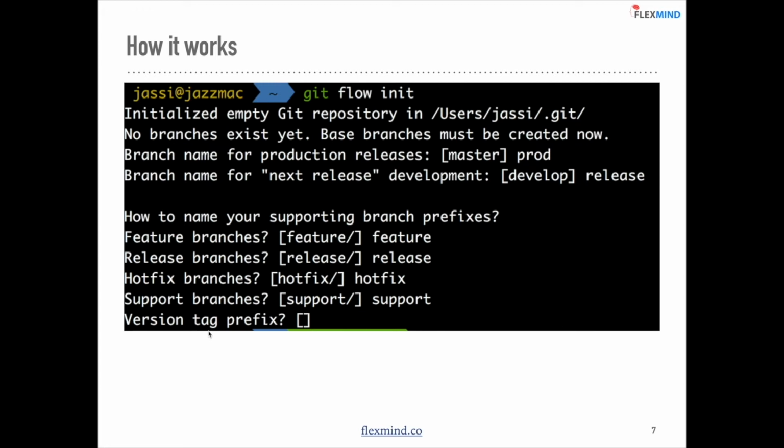As you can see, the command git flow in this image initialized an empty Git repository for you and asked very few questions related to different branches, including the base branch, that is master here, and branches such as support, feature, releases, hotfix, etc.